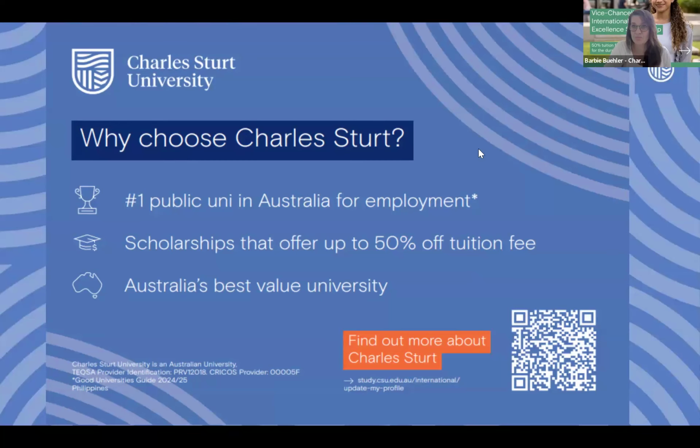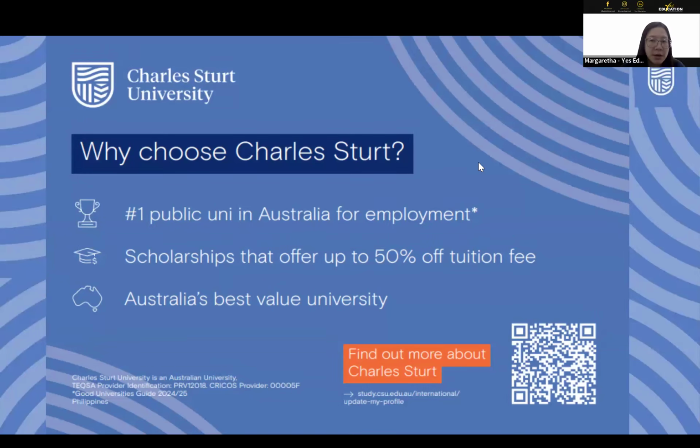Sure. The first question is regarding the GS. I think it was about the age limit for the bachelor and master program. I think you have talked about it earlier. Yes, it is listed there in the GS. This is a guide.